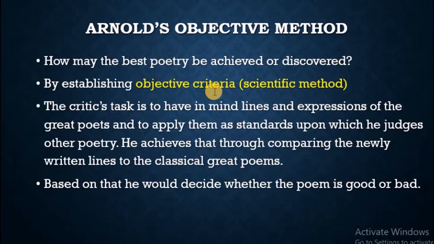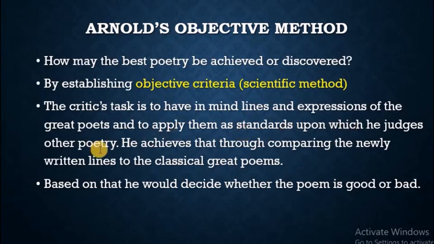So how can this be done? The critic's task is to have in mind lines and expressions of the great poets and to apply them as standards upon which he judges other poetry.